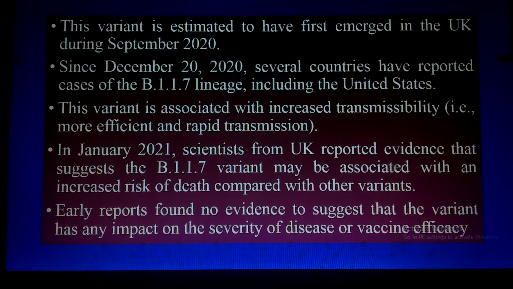In January 2021, scientists from the UK reported evidence that suggests the B.1.1.7 variant may be associated with an increased risk of death compared with the other coronavirus variants. Early reports found no evidence to suggest that the variant has any impact on the severity of the disease or vaccine efficacy.